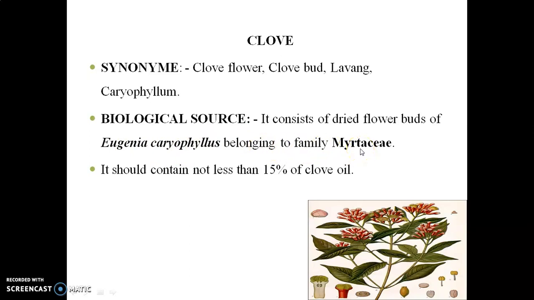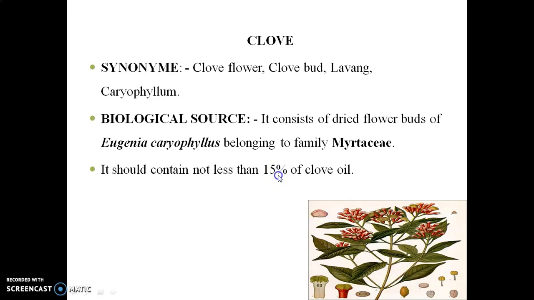We have to know that it should contain not less than 15% of clove oil. So the volatile oil content of this clove must be not less than 15%. Okay, so this is regarding the synonym and the biological source.